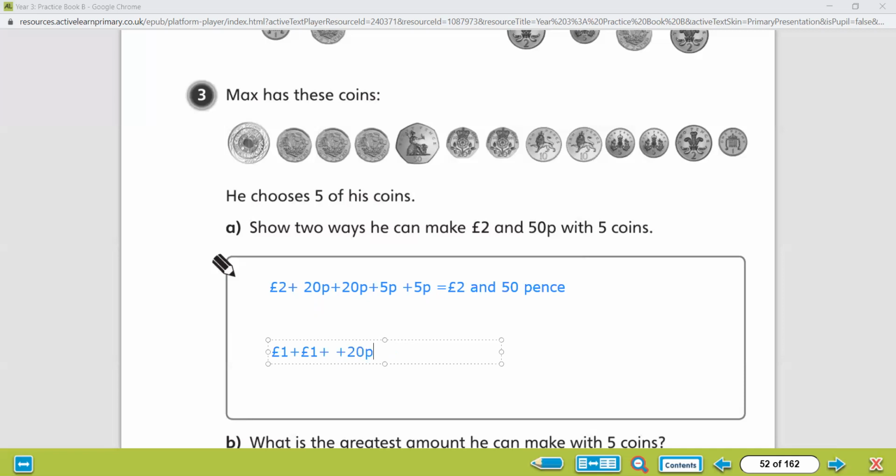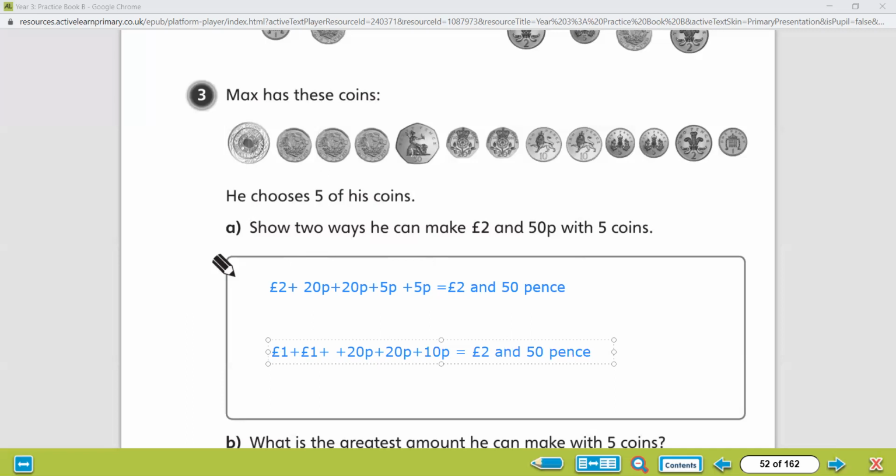And it's really important we use our pound coins. 20 and 20 make 40 and just one more make £2 and 50 pence. Can you see I've used 5 different coins shown 2 ways. That's quite a tricky question, Keller class.